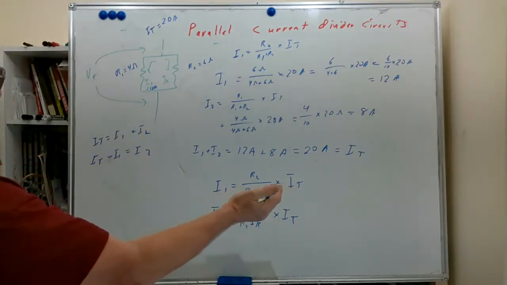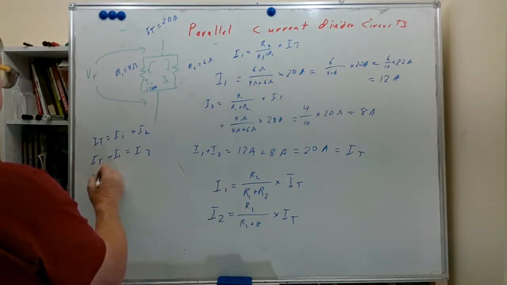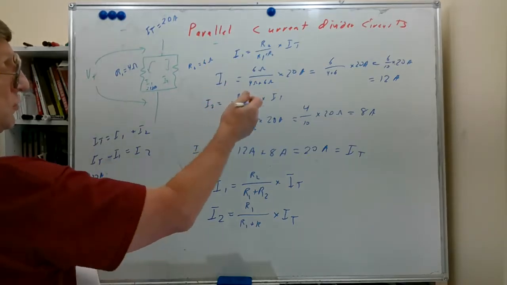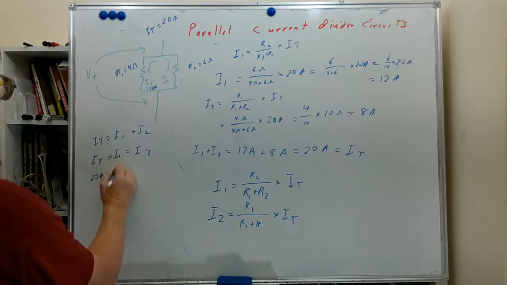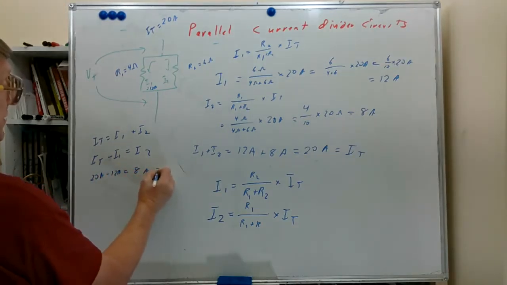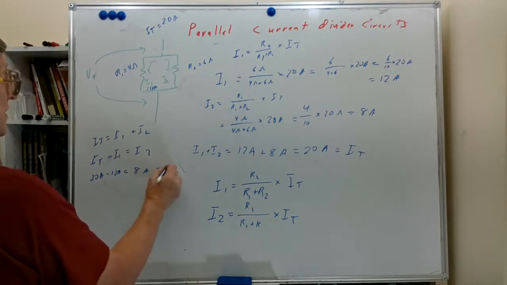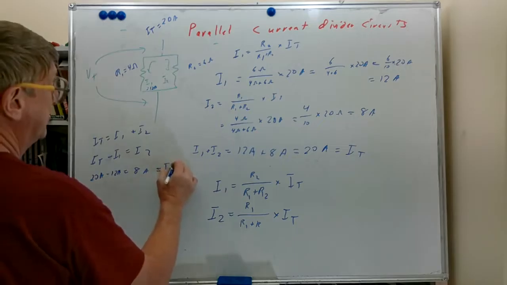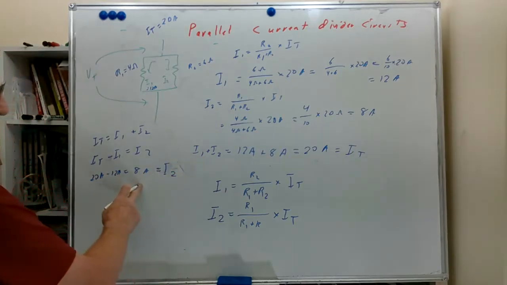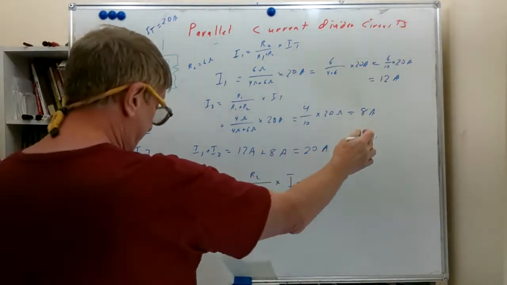And then we could put in our known values. We would have said 20 amps minus I1, which we found to be 12 amps, equals 8 amps, which would be equal to I2. So we could have calculated it using the current summation formula, and we would have gotten the same answer.